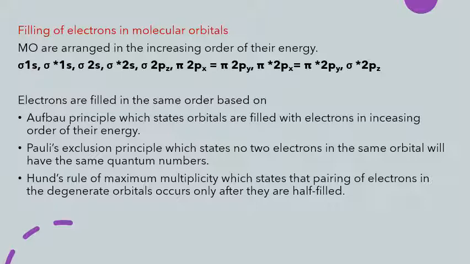Pauli's exclusion principle states that no two electrons in the same orbital will have the same set of all four quantum numbers. And the filling of electrons also follows Hund's rule of maximum multiplicity, which states that if there are any degenerate orbitals, the pairing of electrons in these degenerate orbitals takes place only once they are half filled.